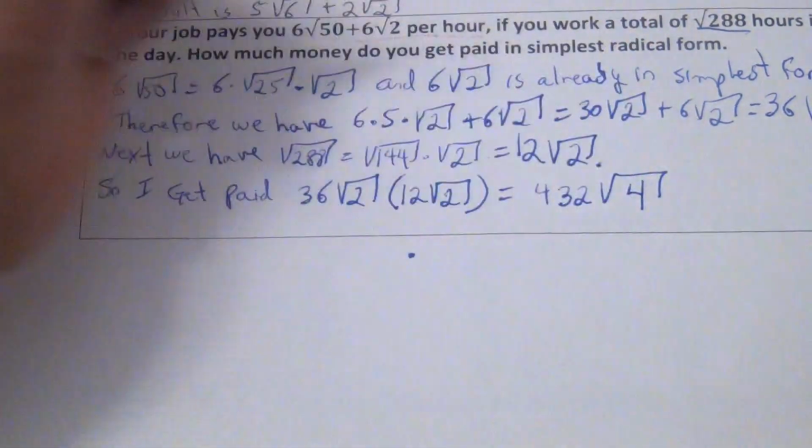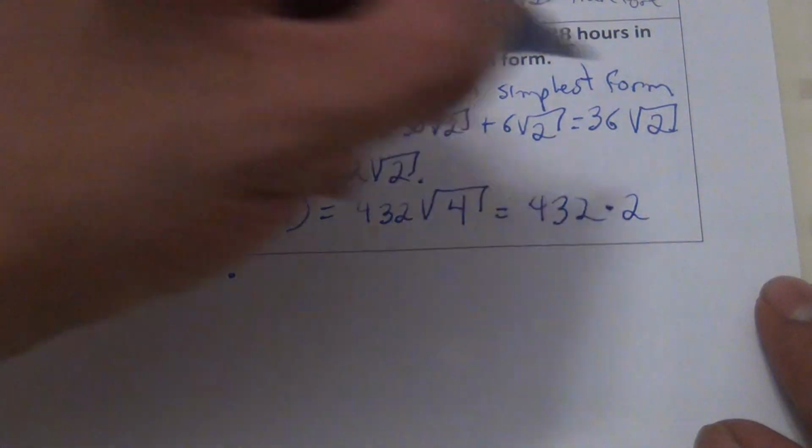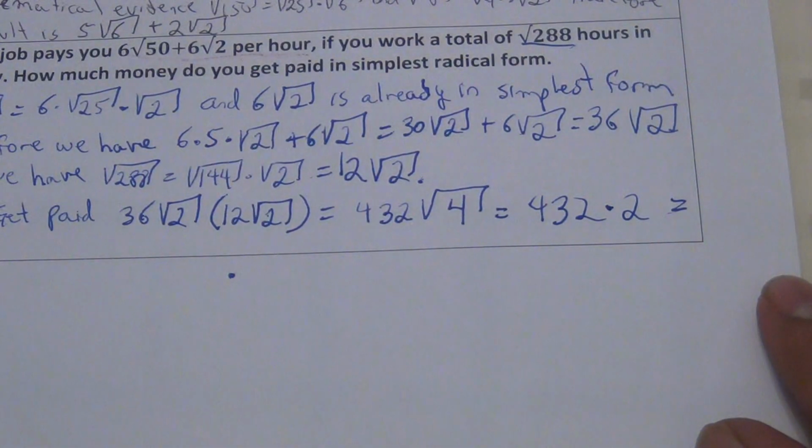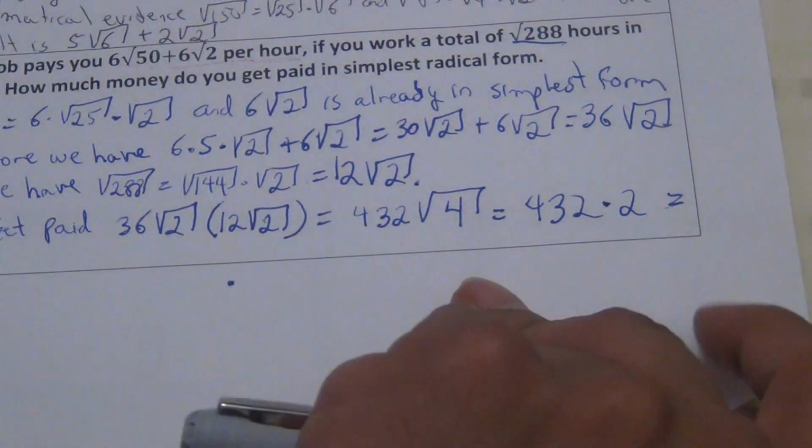That's radical 4. And what do I know? That radical 4 is the same thing as 2, because square root of 4 is 2. So then, what do we get? Well, that's up to you. I'm not gonna tell you, but I'm gonna move on to the next problem.